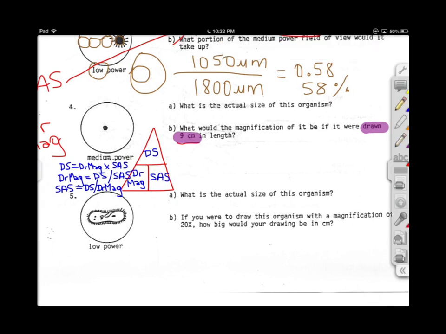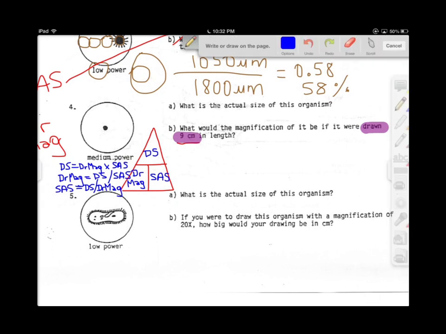Okay, this isn't exactly a word problem. You drew it. If you think about it, that's not the size of the critter. So you say, in Dr. Mag's pyramid, I guess if we put all the information in, there we go, that your drawing size was 9 centimeters.